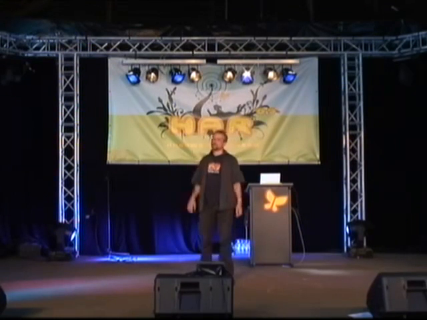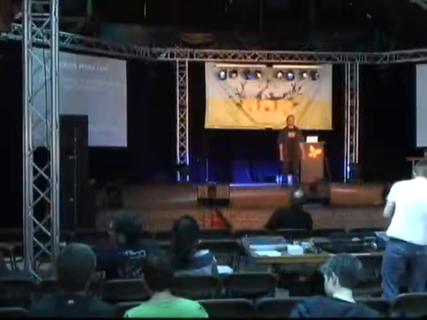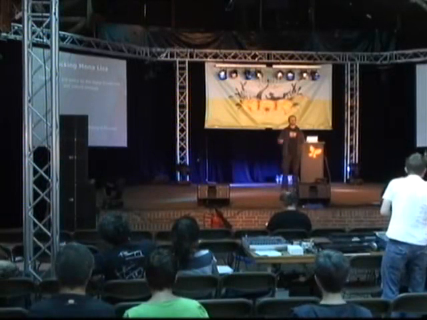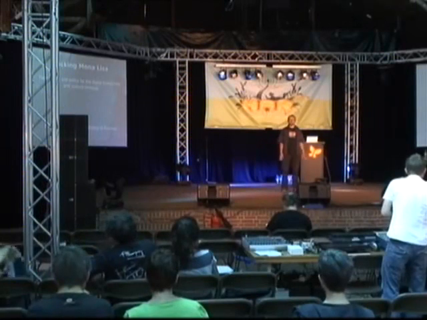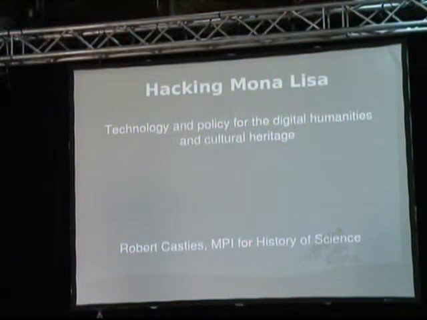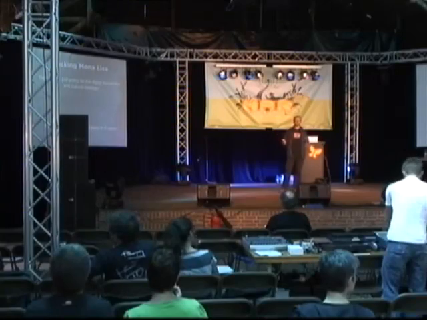And I'm going to talk about the essays of our small group within the Max Planck Institute for History of Science in trying to establish software tools and make the modern tools that are there, including the internet, available to scholars working in the humanities and in cultural heritage.